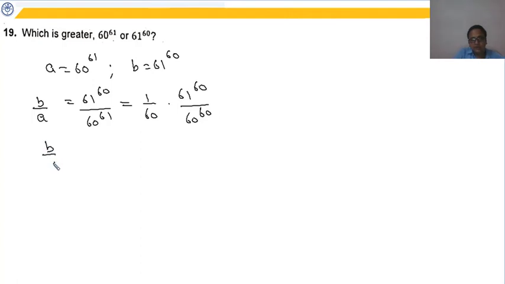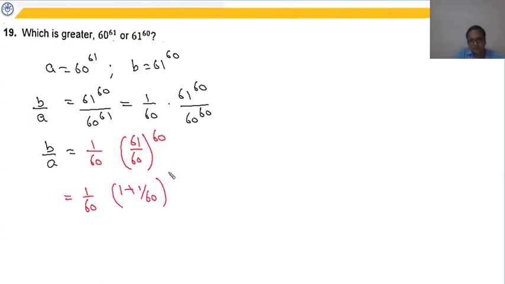So we can write B by A as 1 by 60 times (61 upon 60) to the whole power 60. This is 1 upon 60 times (1 plus 1 by 60) to the whole power 60.